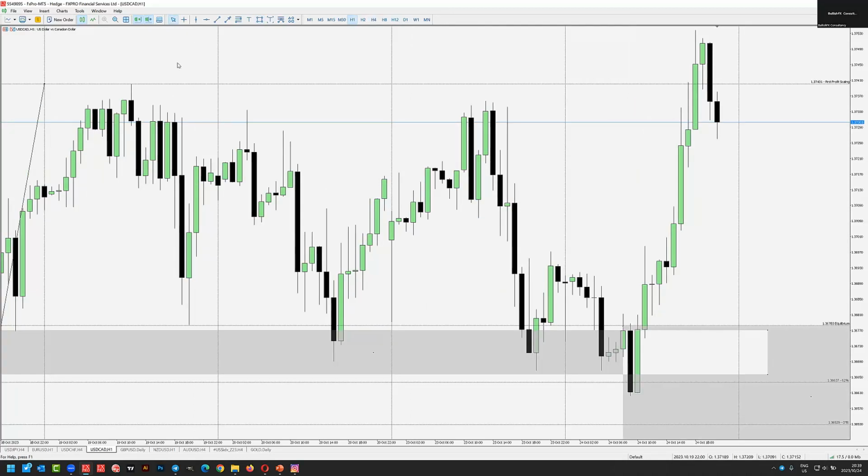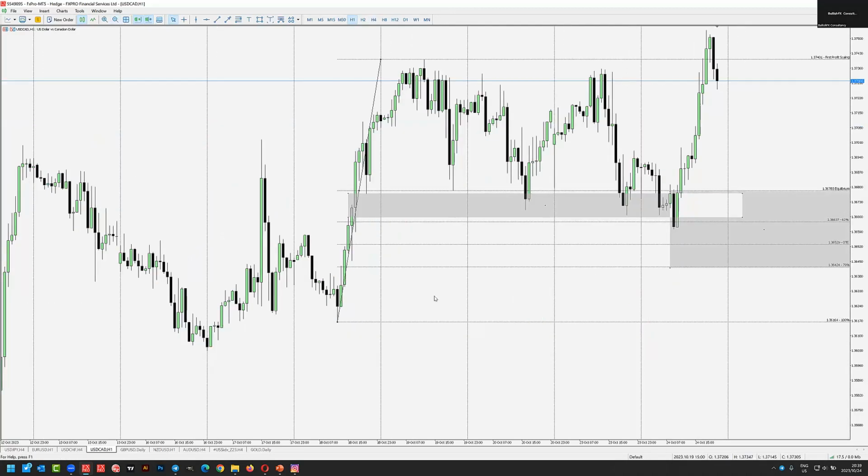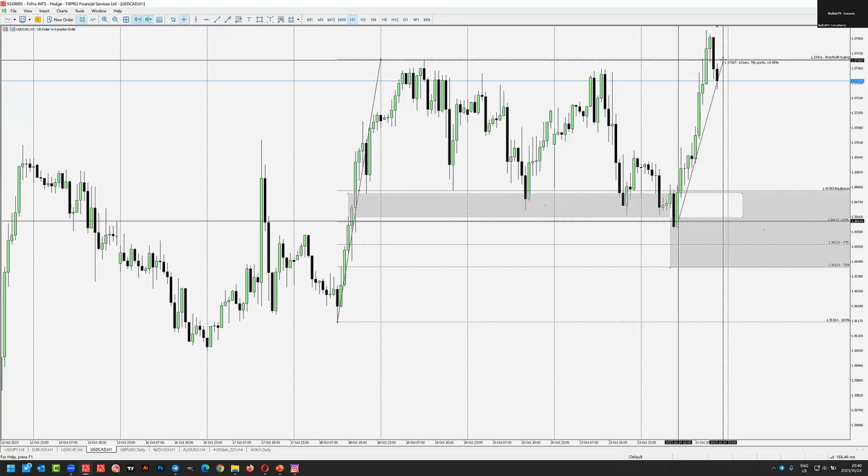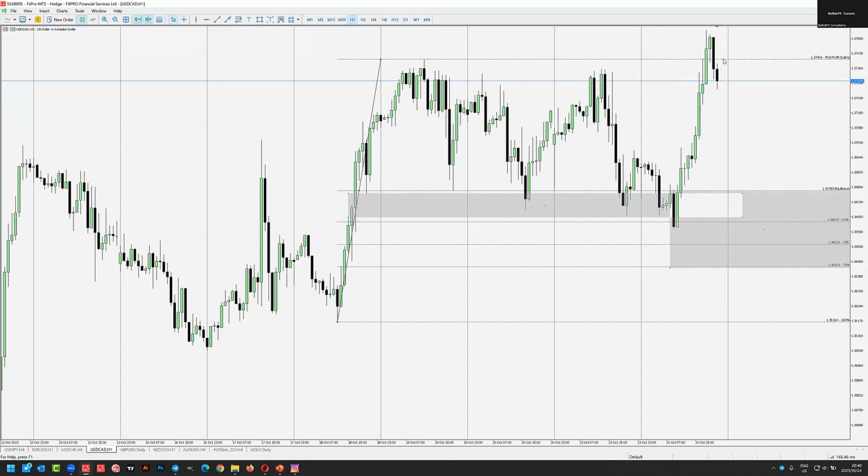If you go to an hourly chart, because you're going to be scalping, see, this is when price was in fair value, the 62% retracement level, and then boom, the market pushes to the upside. Your target would have been 1.37400, and price reached that target easily. From here to this level, you're talking of 75 pips.